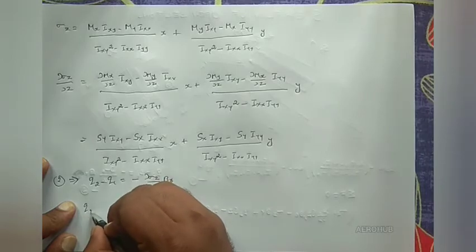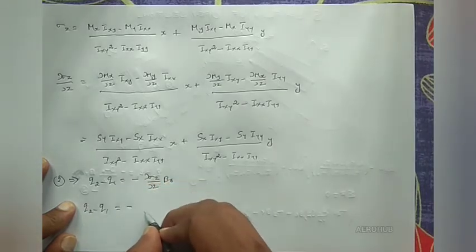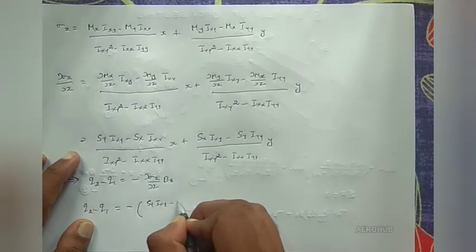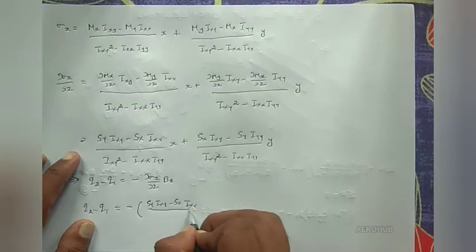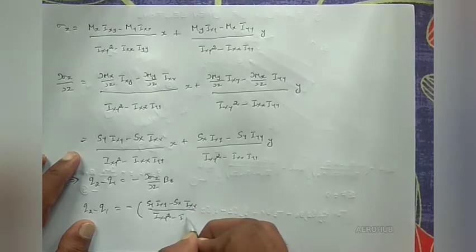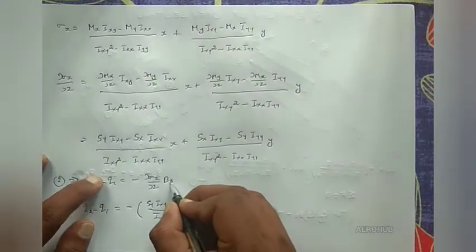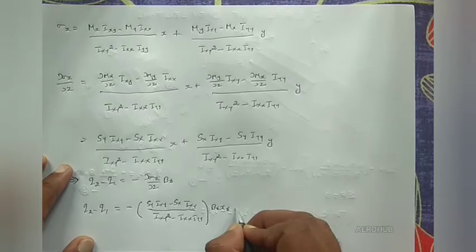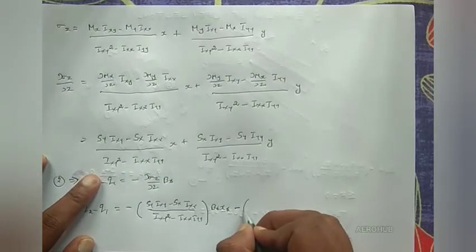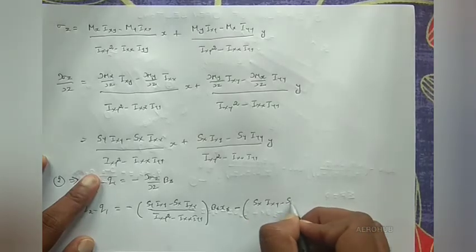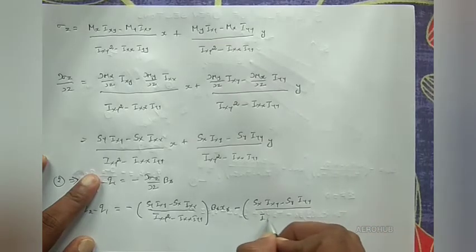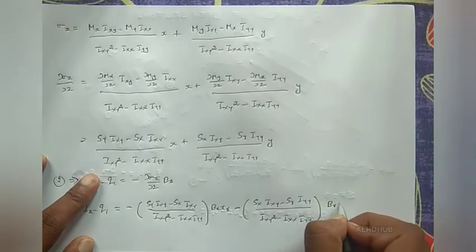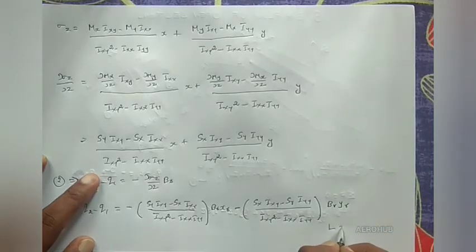So Q2 minus Q1 is equal to negative of (Sy Ixy − Sx Ixx) divided by Ixy² − IxxIyy, into BR XR, that is for the rth boom, minus (Sx Ixy − Sy Iyy) divided by Ixy² − IxxIyy, into BR YR. Okay, this I will put as equation number 3.